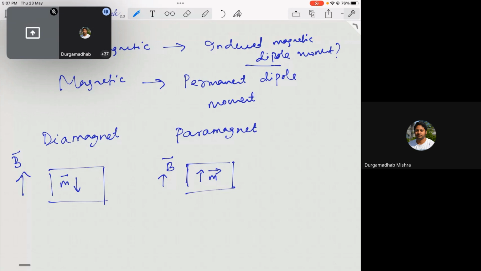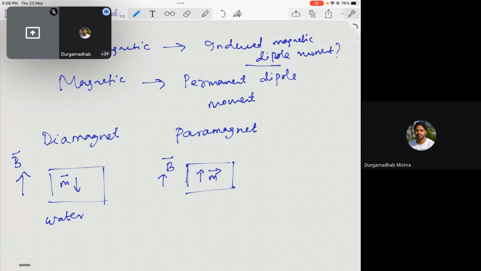An example of a diamagnet is water, which is a diamagnetic material. Examples of a paramagnet are aluminium, or liquid oxygen. Most of the metals that we think of are mostly paramagnetic in nature, except copper.